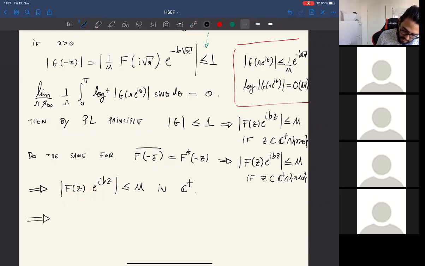So then you conclude, again by the Fragment-Lindelof principle, that f of z e^{i b z} is less or equal than 1 in C plus, because on the real line it is bounded by 1.